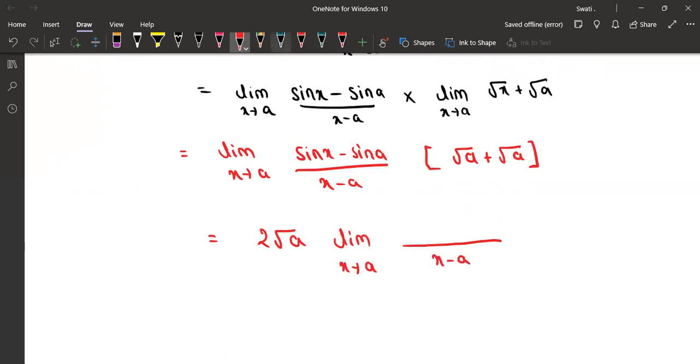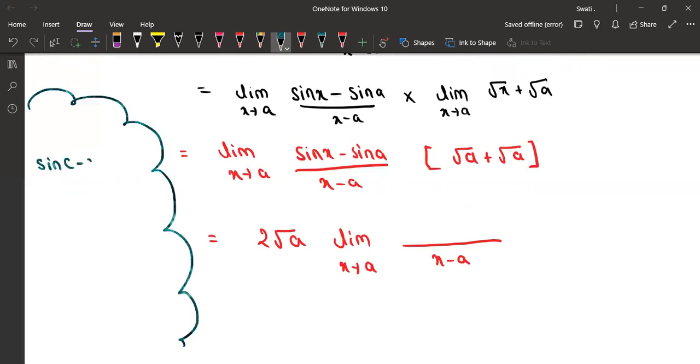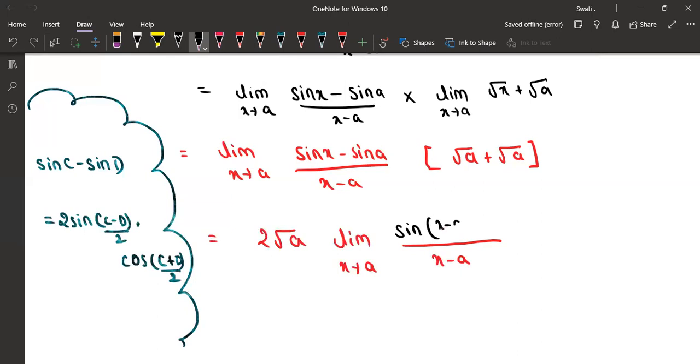In the numerator, we have the form sine c minus sine d. I'm just writing the formula over here. The formula is 2 sine of c minus d by 2 into cos of c plus d by 2. Using this formula, this becomes sine of x minus a by 2, and then cos of x plus a by 2.